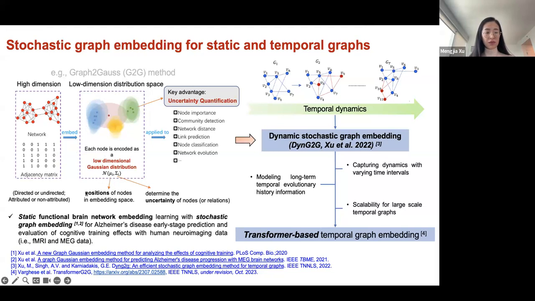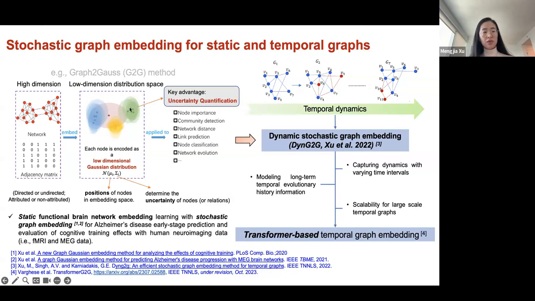The mean vector indicates the positions of nodes in the embedding space, and the covariance matrix determines the uncertainty of the nodes or relations in the graph, or knowledge graph. So in the latent space, the important advantage of this stochastic graph embedding method is uncertainty quantification.